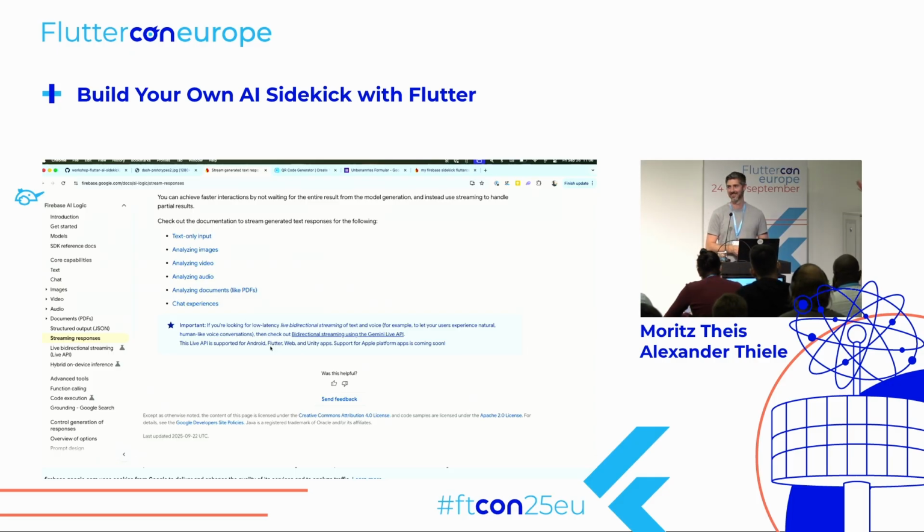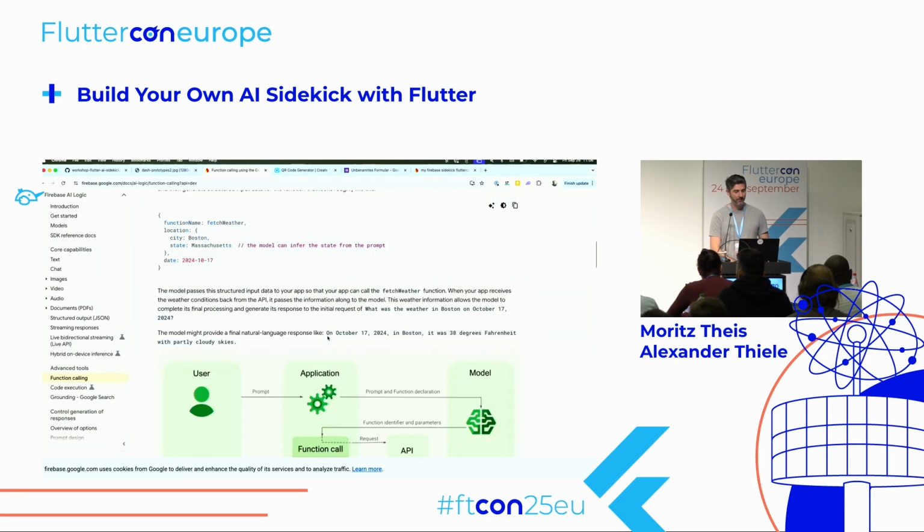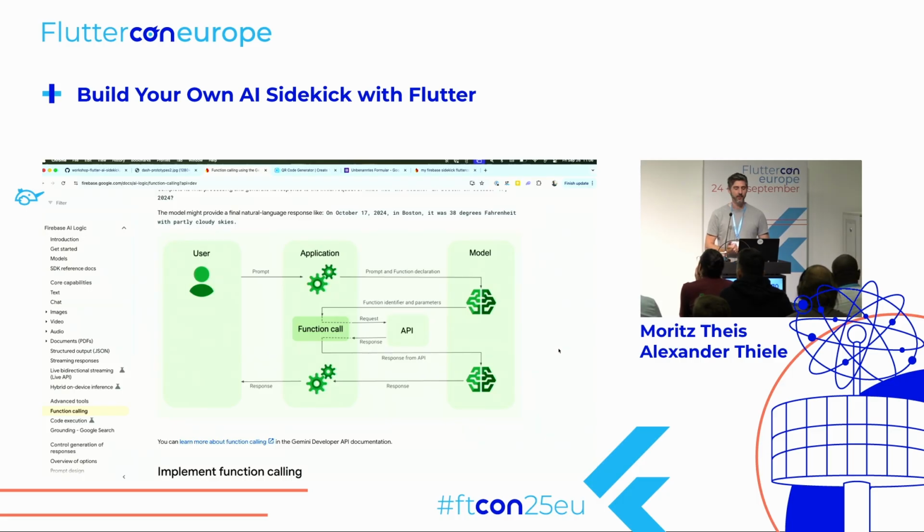Also, you'll be voting in the end. I would maybe mention one thing which I think is really interesting, which is function calling. This is a really advanced feature from Gemini. You can create functions and give them to the Gemini SDK, and then Gemini itself figures out if it needs to call them.